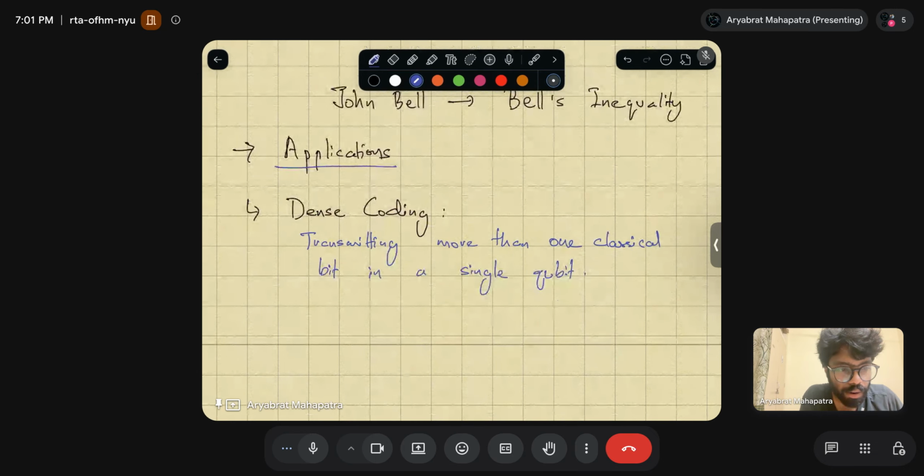It's like using one qubit, how you can transmit two different classical bits.